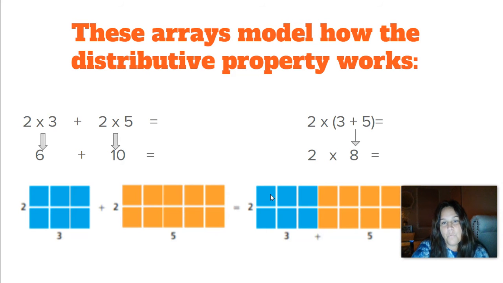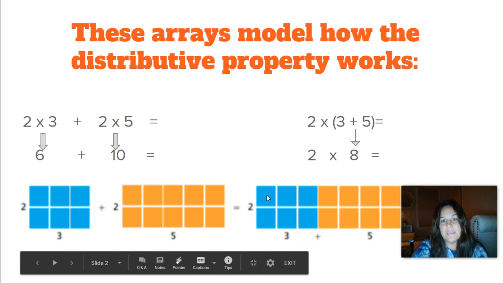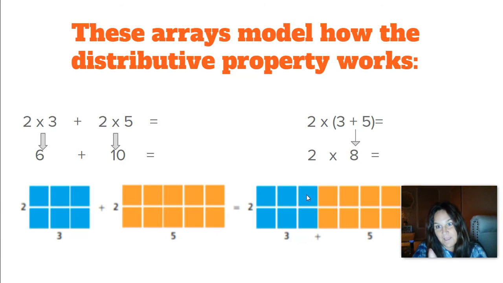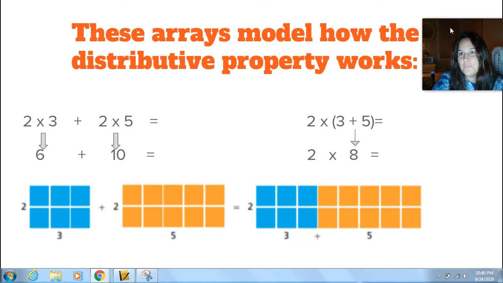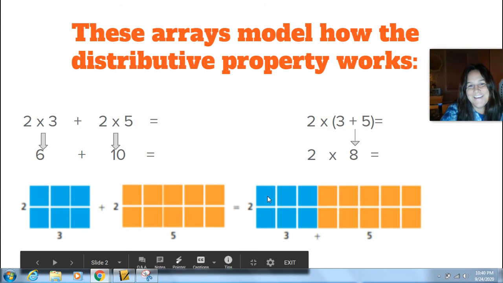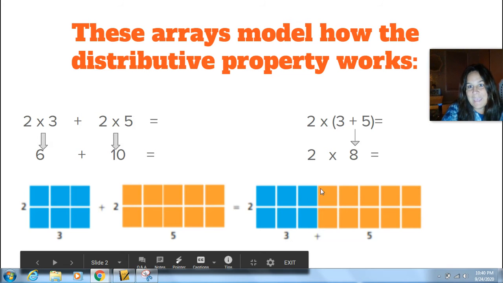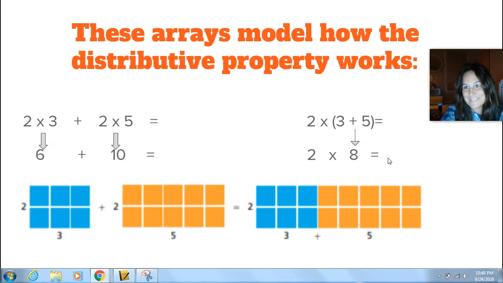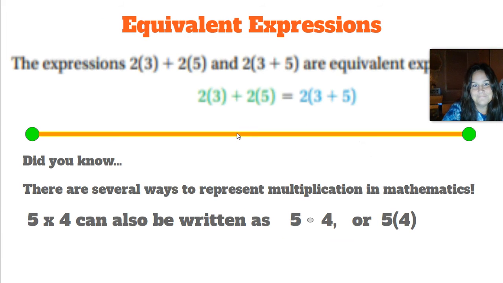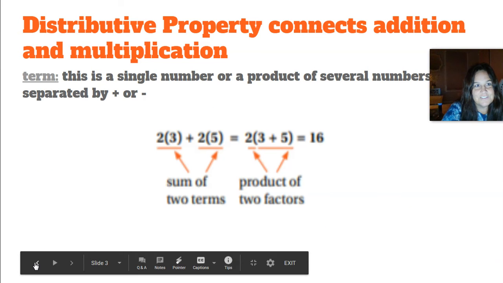So I've got 1, 2 by 1, 2, 3 plus 1, 2, 3, 4, 5, right? 3 plus 5 is 8. So a 2 by 8 is also going to give us 16. Let's take a look at the next slide.